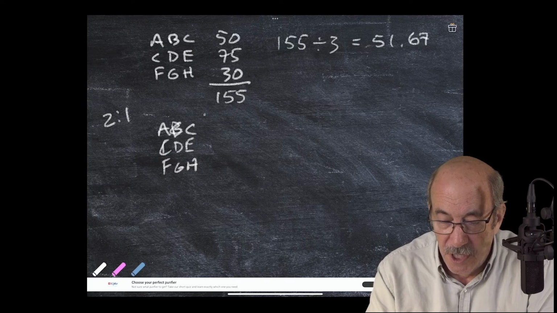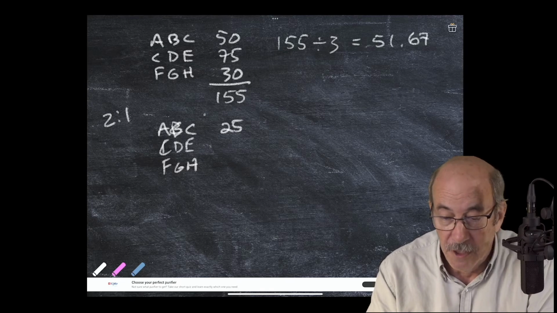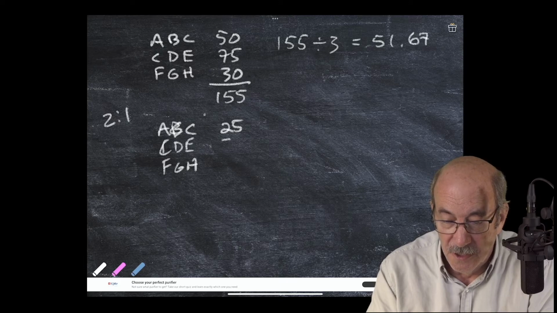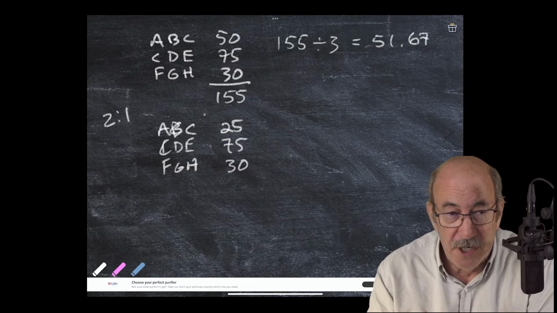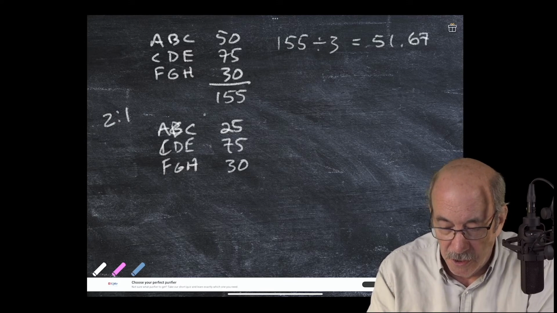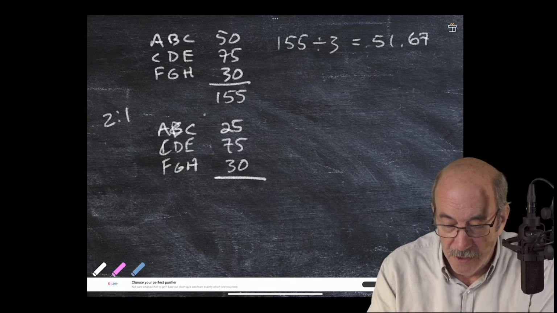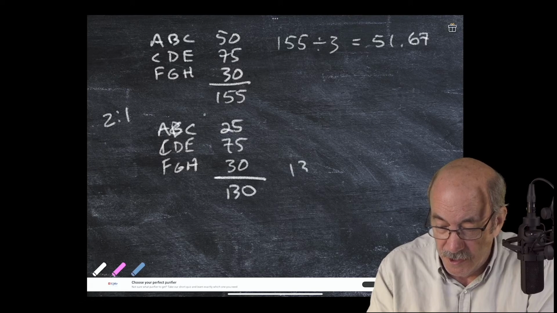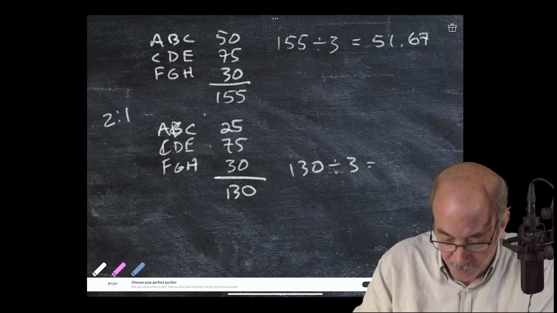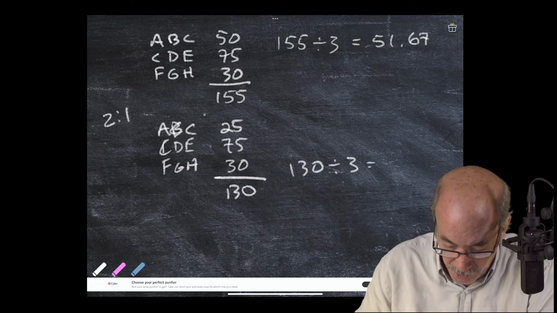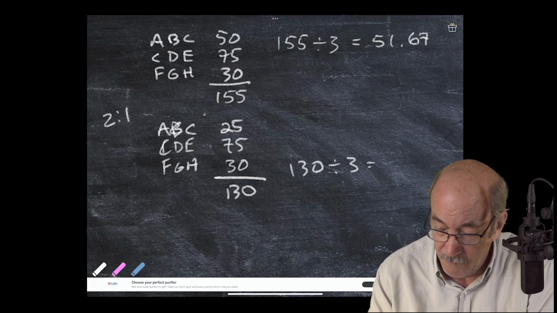So that means that the stock price of ABC is going to change to $25. And let's hold constant for the moment the other 2 share prices to emphasize what's going on here. If I were to simply add these up, I would end up with 130. And if I were to do this same calculation here, 130 divided by 3, I get 43.33.